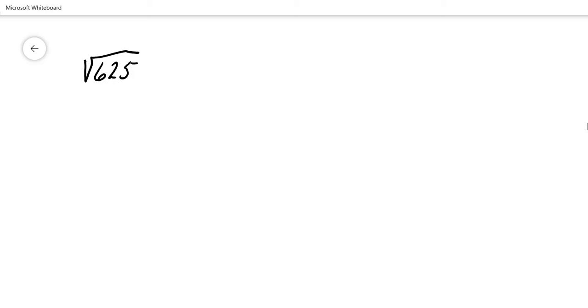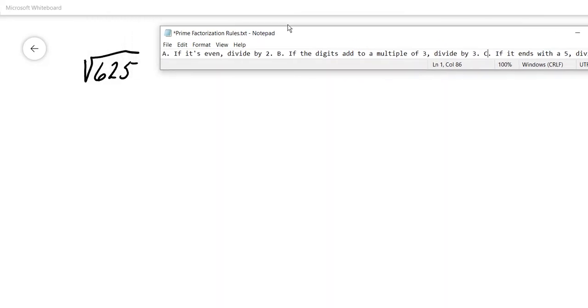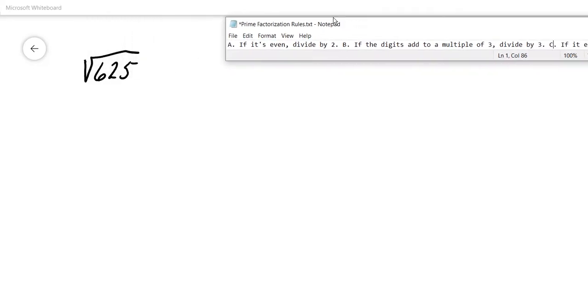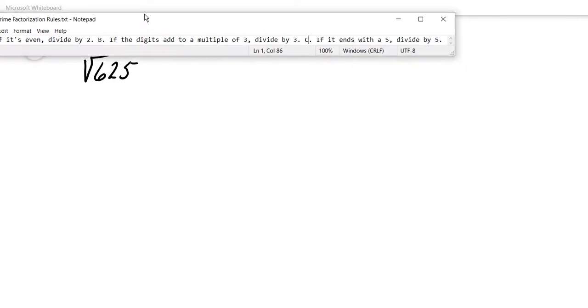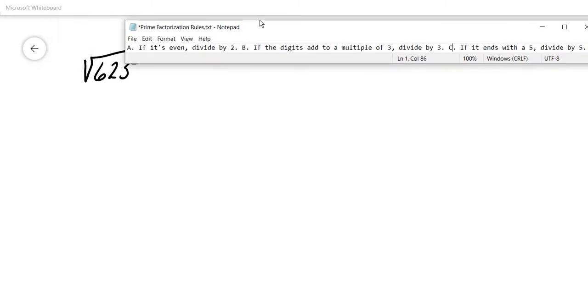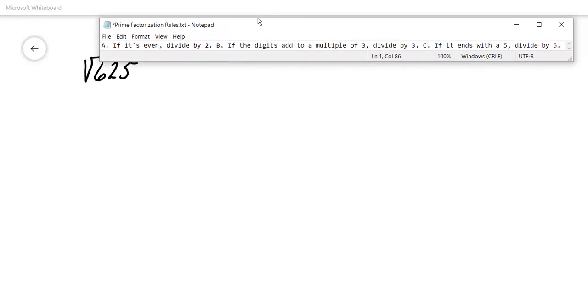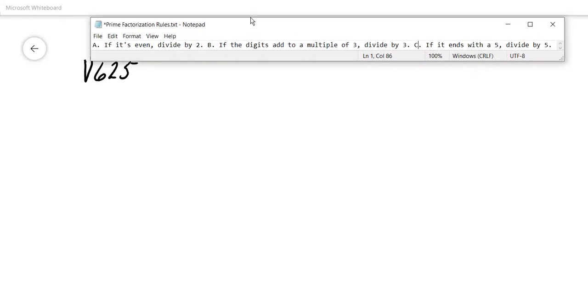Okay, now I'm going to bring up 3 rules that I use for prime factorization. Now let me move these over just a little bit. You know something, actually, I don't think that's going to fit on the screen after I finalize this video.